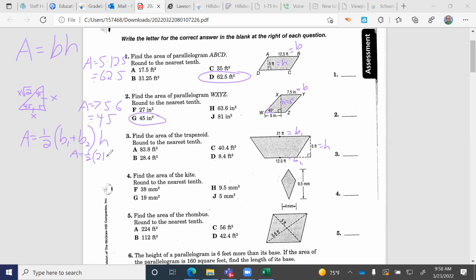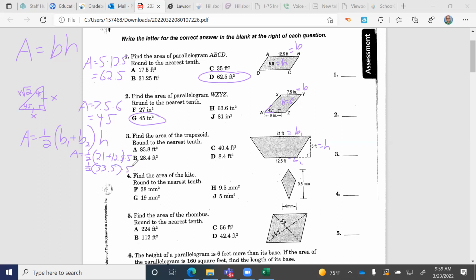21 plus 12.5 times 5. Again, if you want to, you can plug it straight into the calculator from there. If you want to simplify it a little bit first, that's fine too.